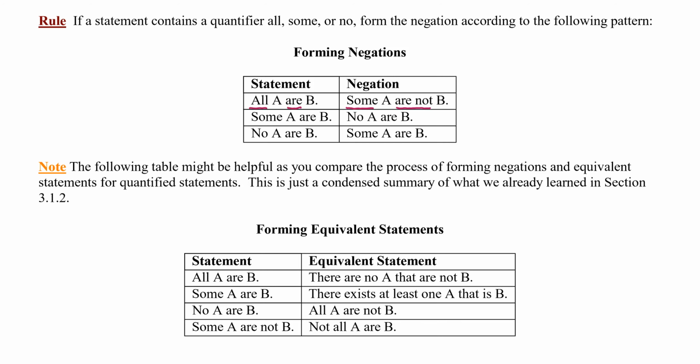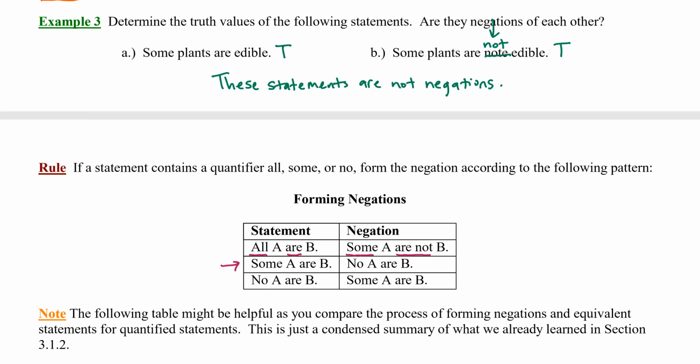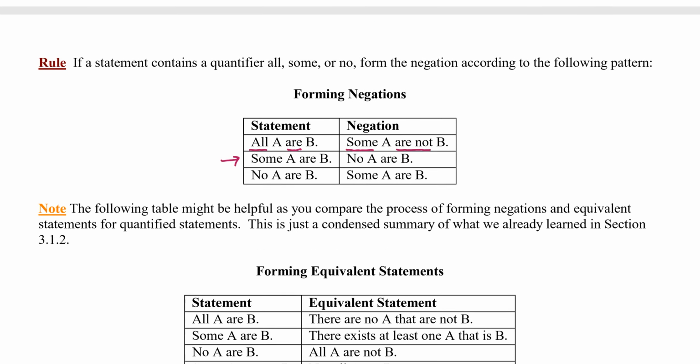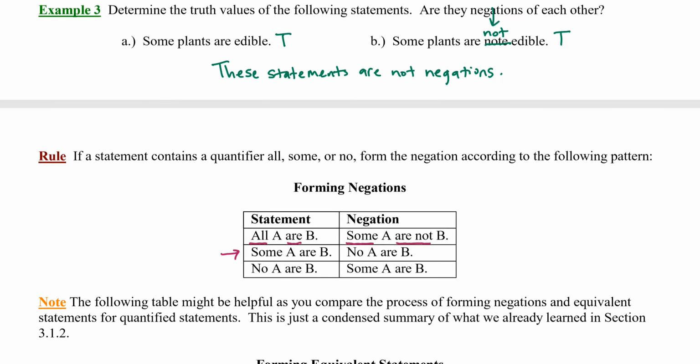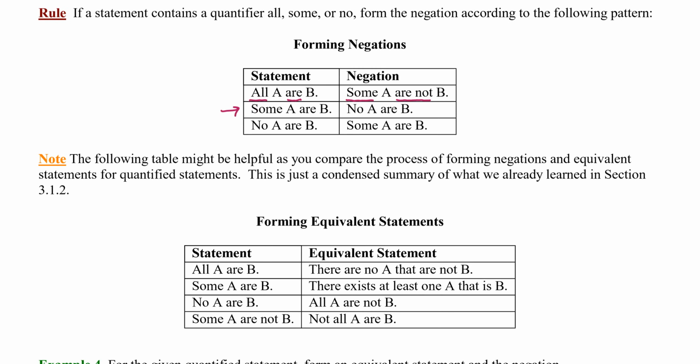Similarly, if I have some A are B, which is the pattern we were considering in example 3, how do I negate that? We learned you can't just insert a not to negate it. Here's how you negate it. No A are B. Some also means there exists at least one.